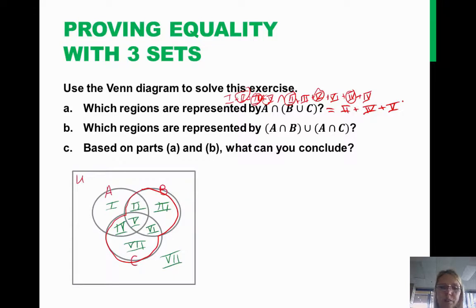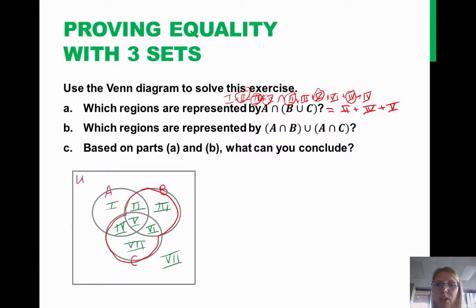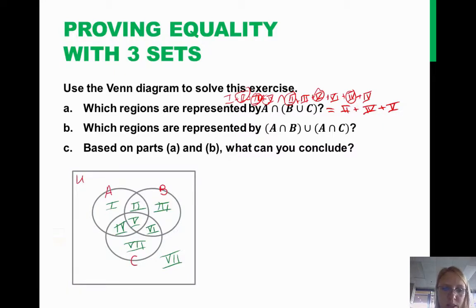On part B, it's wanting to know what is the union of A intersect B union with A intersect C. So remember that A intersect B is this region right here. So I'm going to write that right underneath the A intersect B. We have 2 plus region 5.